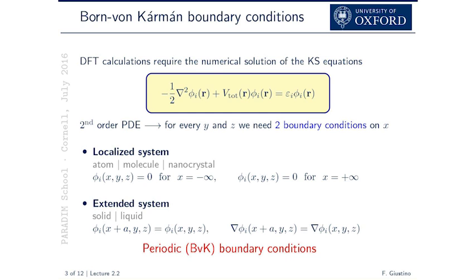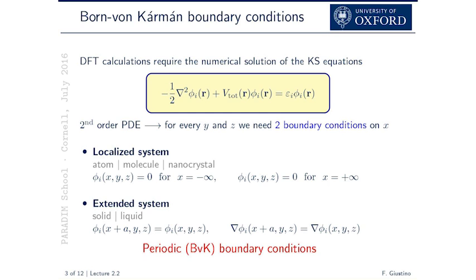That means that once you choose y and z, you say that if x is equal to infinity, or x is equal to minus infinity, basically the wave function vanishes. Okay? So these are 2 conditions that you can use in order to completely define the solutions of this partial differential equation. So that's a possibility.